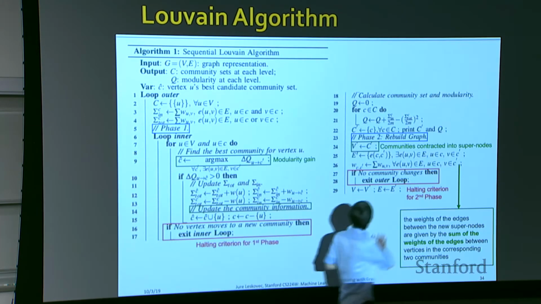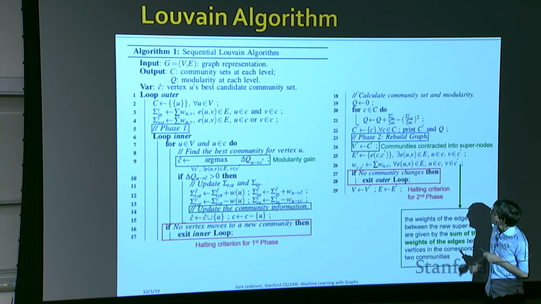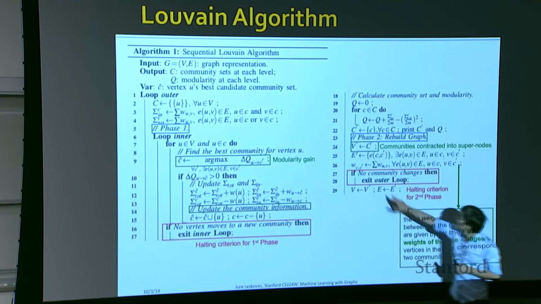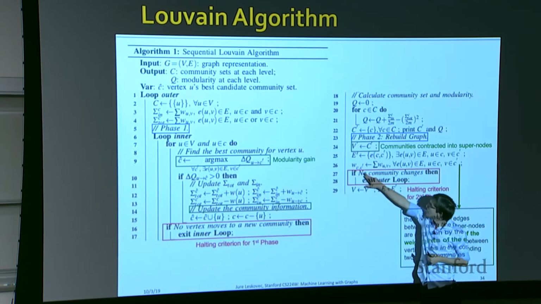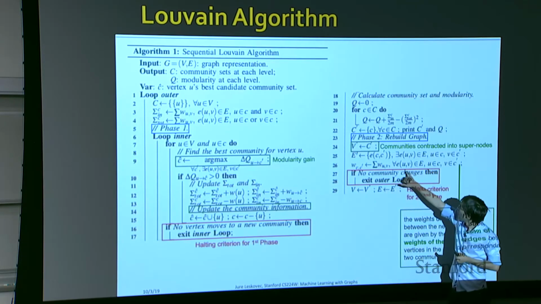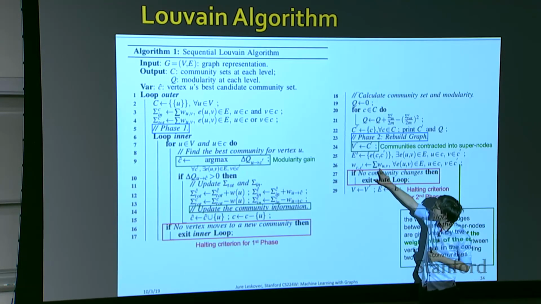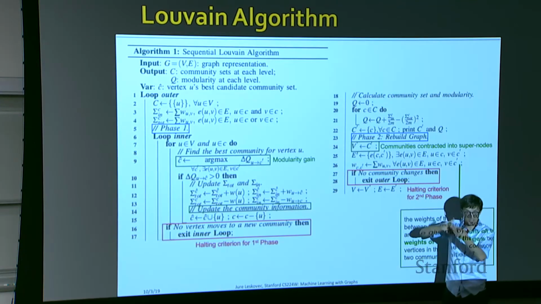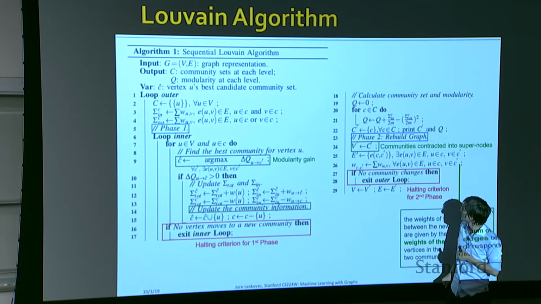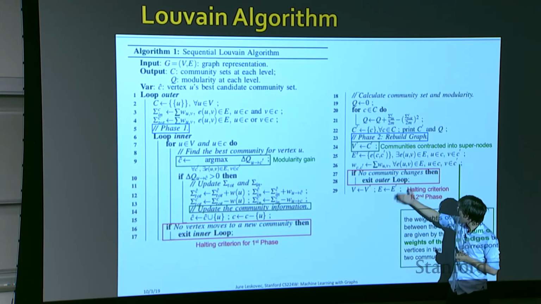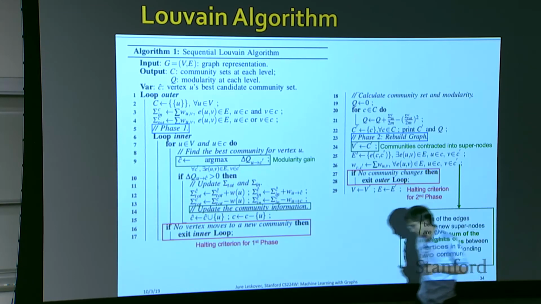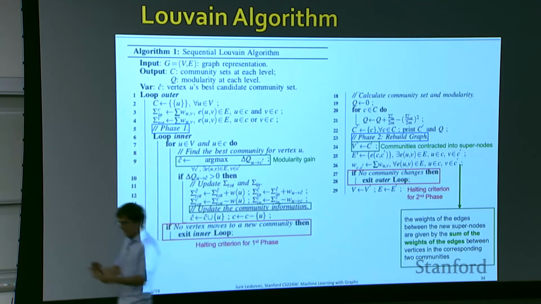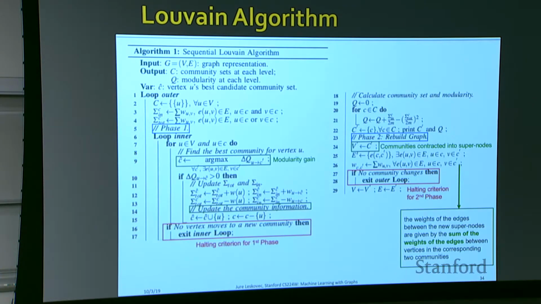Then in phase two, I'm rebuilding the graph, where again I'm contracting every community into a supernode, and then I'm updating these counts in terms of creating weighted edges between the supernodes based on the number of edges between the communities. This is when phase two would halt, and then phase one would continue. And you would do this until everything is merged into a single node. Yes?